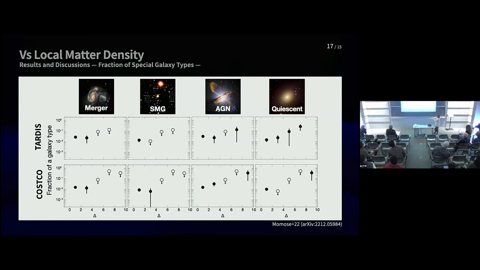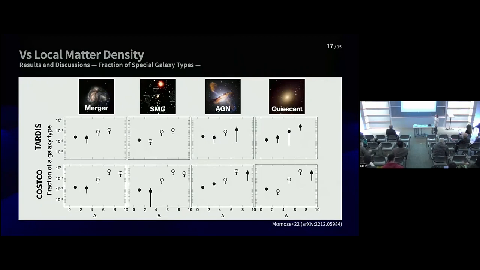What we found was that we didn't find any mergers in the submillimeter galaxy in the very dense region. However, in contrast, AGN and quiescent galaxies are found in dense regions as well. As I said, this result is just obtained from galaxies with spectra, so we still have large uncertainty, but if it is true, we can expect that galaxies may experience pre-processing even at redshift 2.